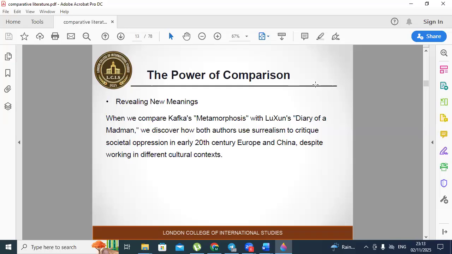Both authors used surreal, bizarre scenarios: a man turning into a bug, a man believing he is surrounded by cannibals, to achieve a similar goal, to critique the oppressive nature of their respective societies. This comparison reveals a shared artistic and critical strategy across the globe.